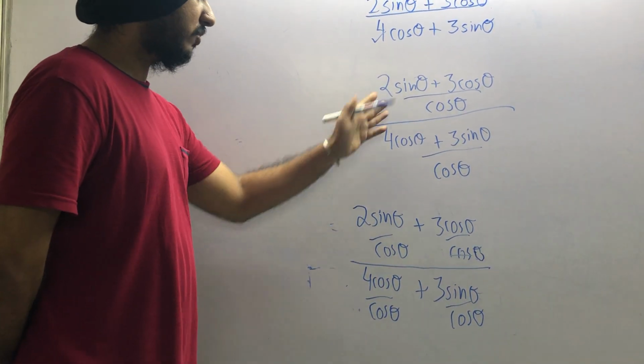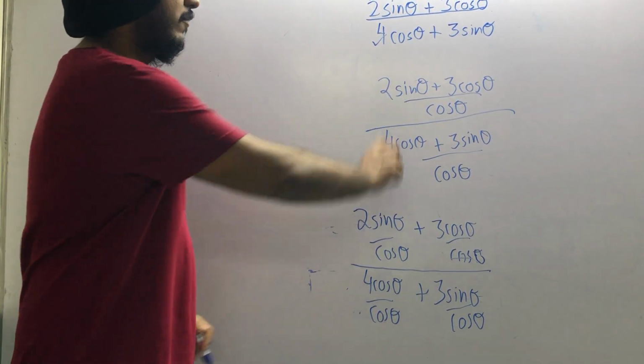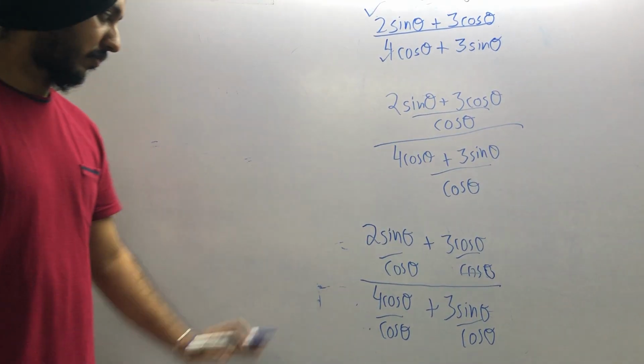There is not a problem. I just opened the division sign, just individually divided both of them by cos theta, not a problem.